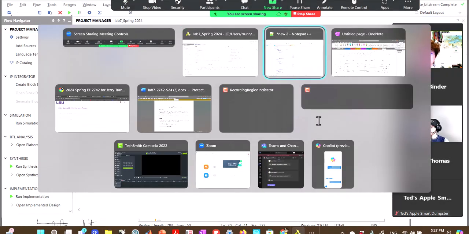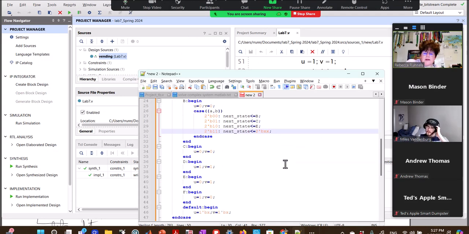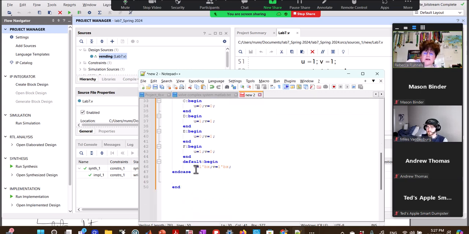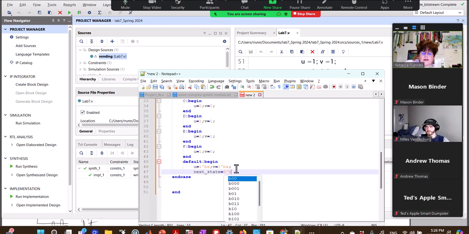So then to finish this up, you would put in the case for each one of these, and for our default, we would just have next state equals 3 binary XXX.